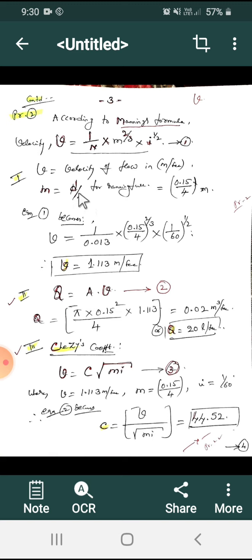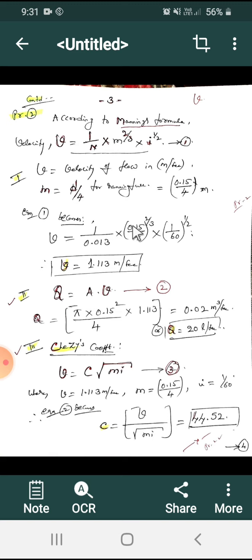Okay, so now I have put it directly. Now the M value is D by 4. D is given as 15 centimeters, you convert it into meters, that is 0.15 meters. Now it is 0.15 by 4. Now substitute the M value and the I value.